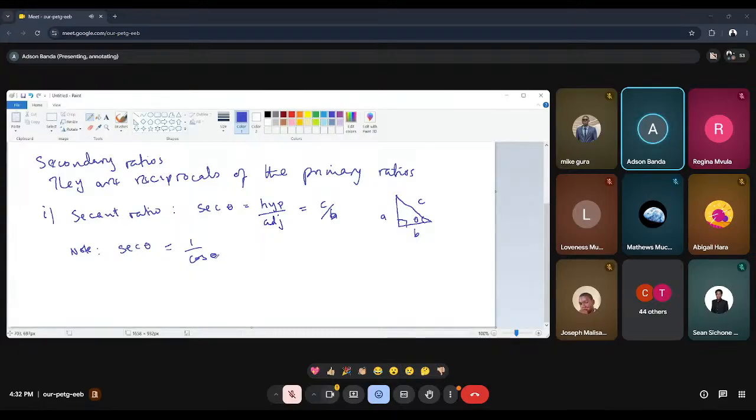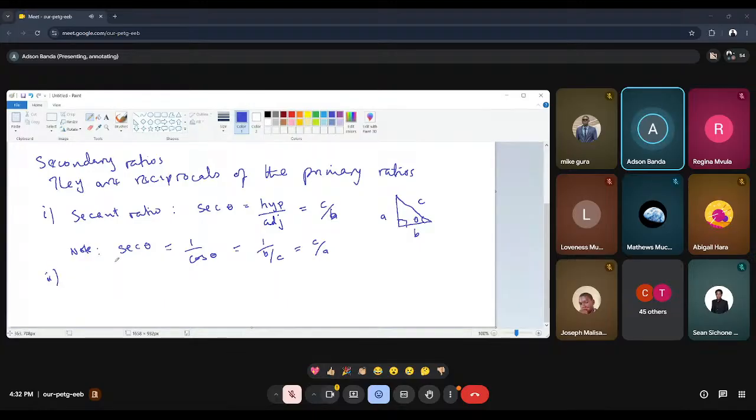And of course, we remember that the cosine of theta is the adjacent over hypotenuse. So in this case, you have 1 divided by the cosine of theta, which is B over C. Right, so this is what we get as C over B. Okay, so that is the first secondary ratio.